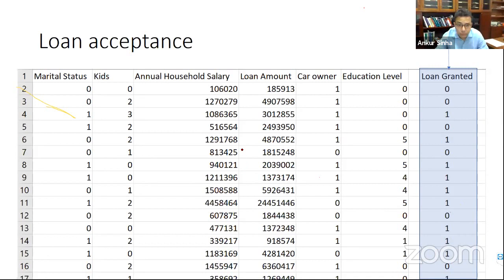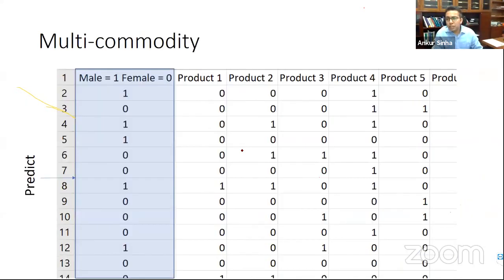Another data set that we will be talking about is a multi-commodity data. In this data set, there are 20 products which a company is selling, and the company knows that out of these 20 products, what all products a person has bought and what all products a person has not bought.